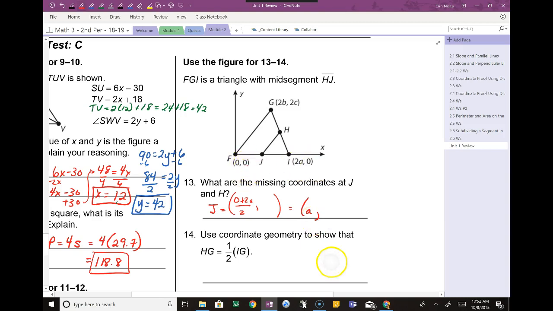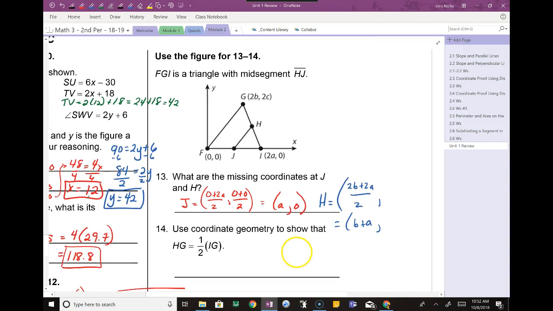For my y's, I have 0 and 0, so 0 plus 0 is 0, and 0 divided by 2 is 0. Okay, then I can find my h, doing the same idea. So h, we're going to add the two x's, so I have 2b plus 2a divided by 2, and if I simplify that, I can divide everything by 2, so the 2's all cancel and I'm left with b plus a.